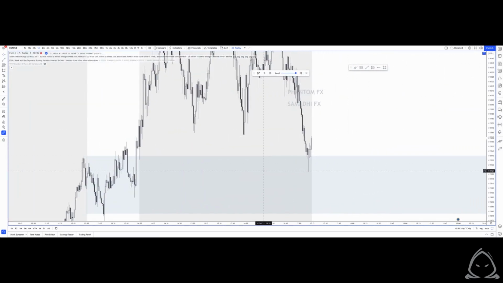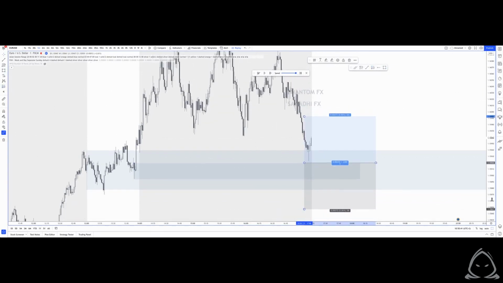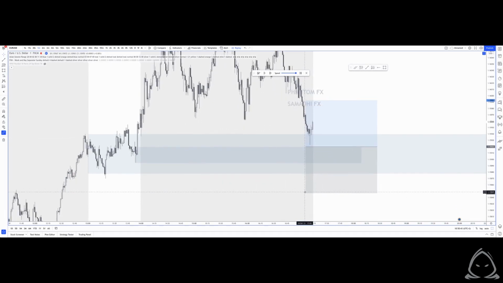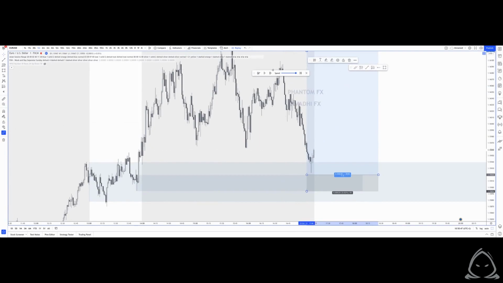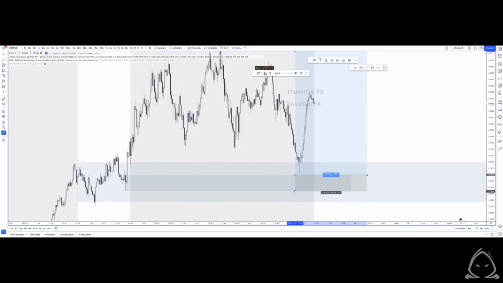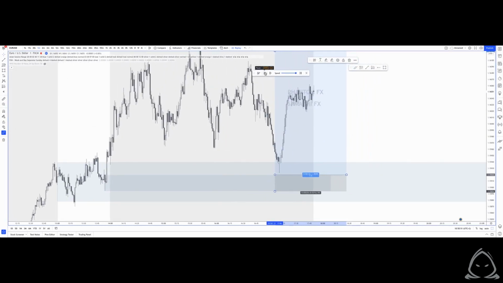Same thing, liquidity, unbalance. Honestly, in this case, I prefer either the 50% of this level or the open. If you use the 1 minute, you miss it. Okay.